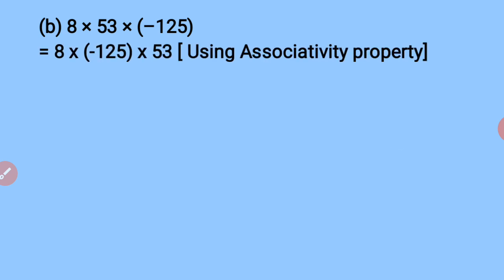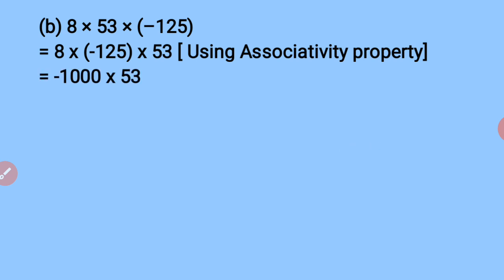So we are now using associative property, wherein we can easily change the placement, the order of the numbers that are written. Here we have taken 125 with a minus sign in front, and we have kept 53 for later multiplication. Let it be. We are not interested in that. Here, let us multiply the first and the second number.